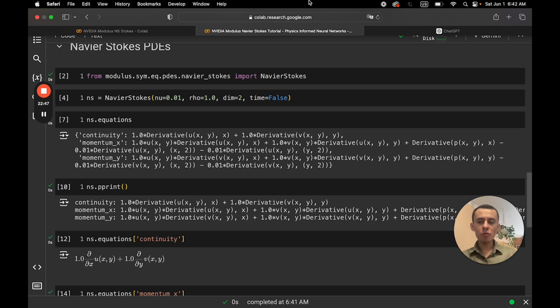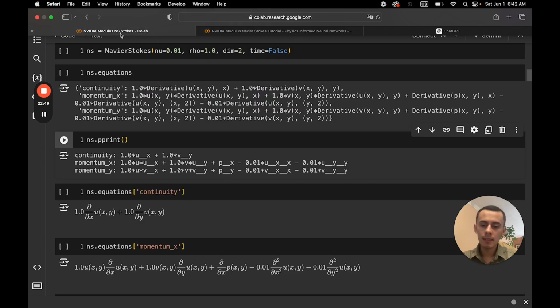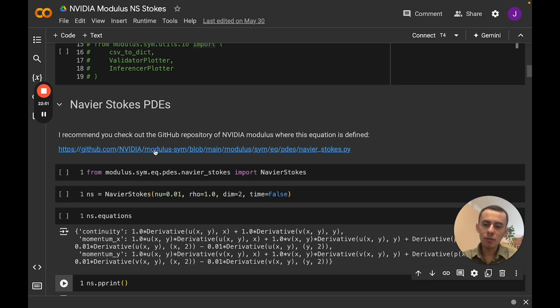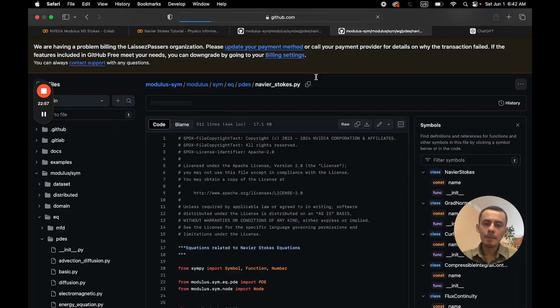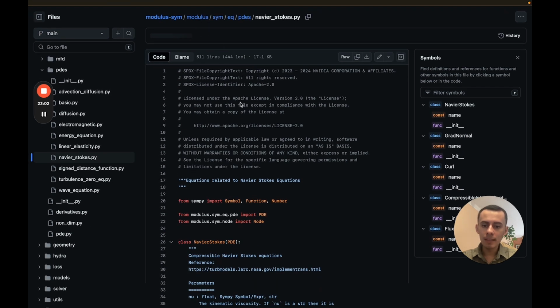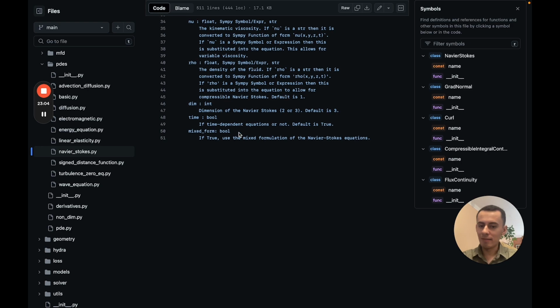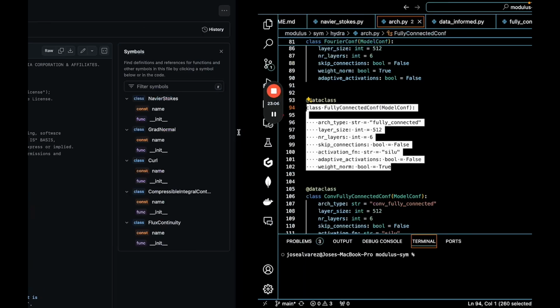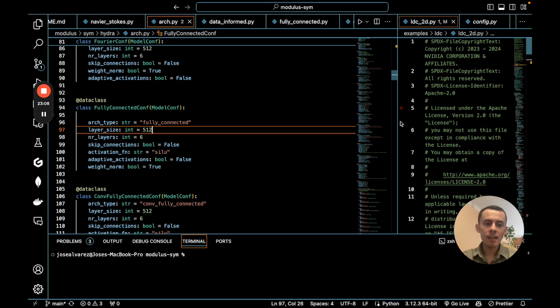Okay, so that's what we have here. I want to show you, and this is very important, that you can check out the repository itself of NVIDIA Modulus. I recommend you download that. In fact, I have it here downloaded.